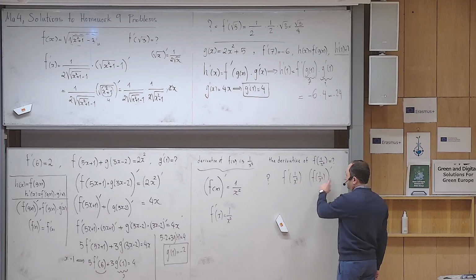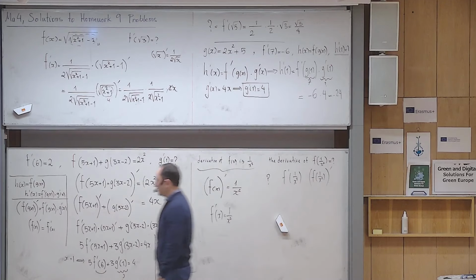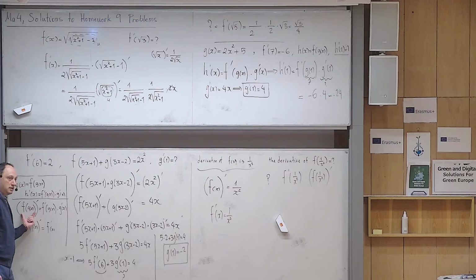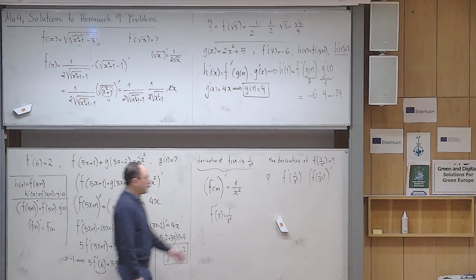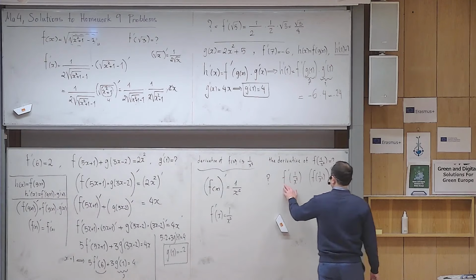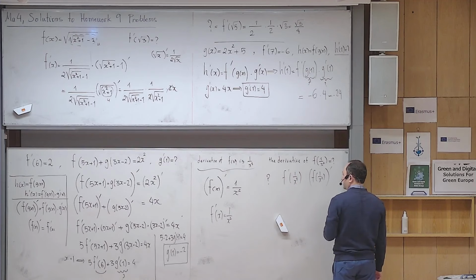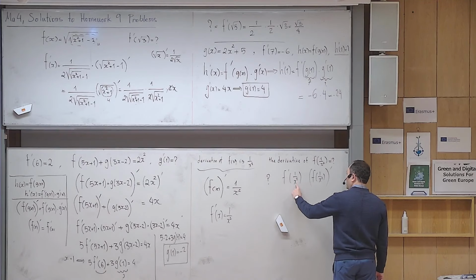Do you remember what the difference was when I was teaching? This symbol means first replace x with g of x and then differentiate. This means first differentiate and then replace x with g of x. And the chain rule tells me they are not always the same. That's the whole point. So this means calculate f prime first, and in f prime, replace every appearance of x with 1 over x squared.